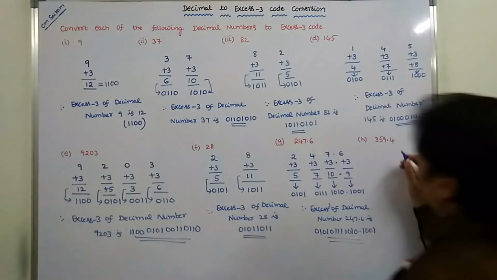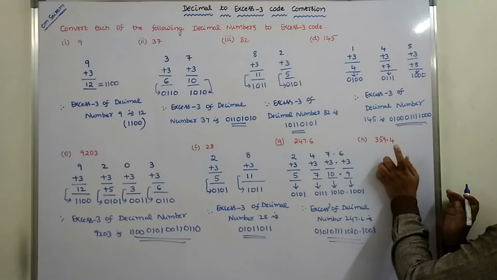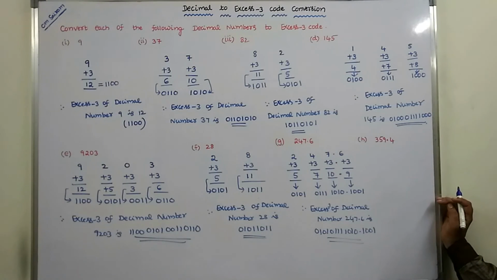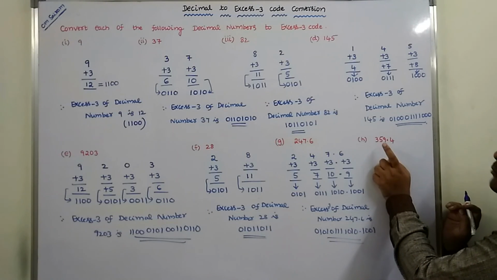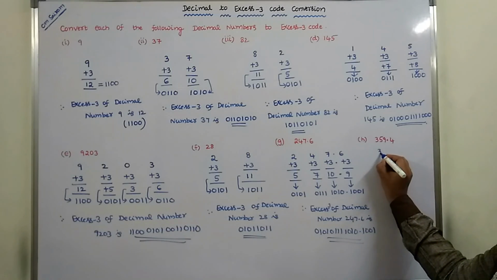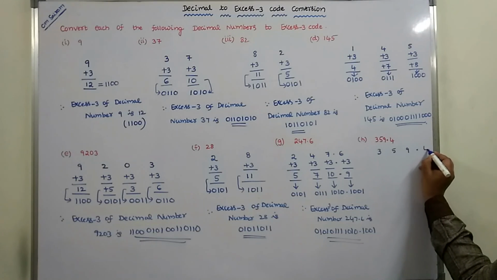Next one, last one. In this one, the given decimal number is 359.4. Before the decimal point 3 digits, after the decimal point 1 digit. For each and every digit in the given decimal number we have to add +3 to get the corresponding excess-3 code. So that is 359.4.